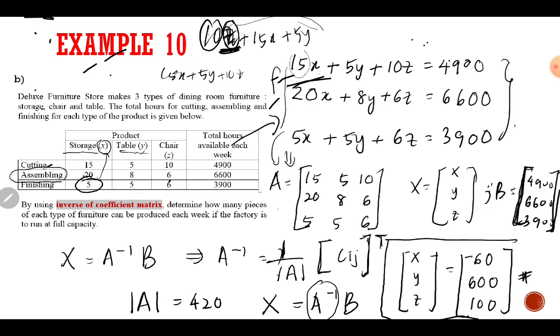Go ahead and try sampai you dapat jawapan. You just tinggal untuk cari Cij je sebenarnya, then you transposekan dia. Bila dapat A inverse ni, darablah dengan matrix B ni. So you should get this answer nanti.